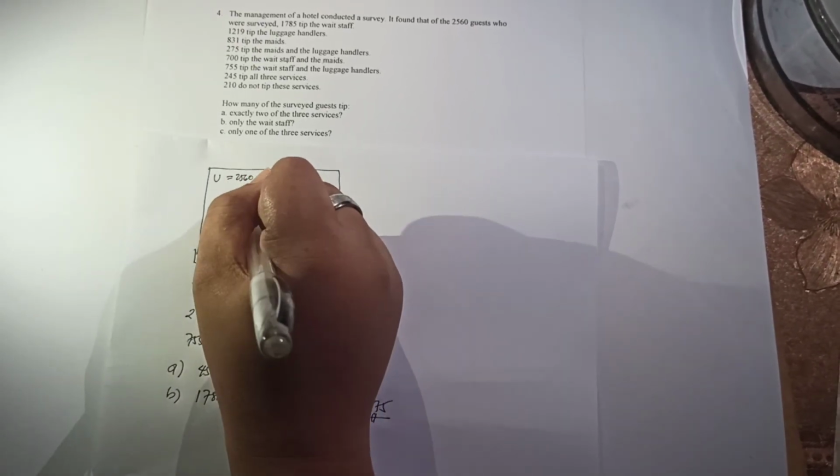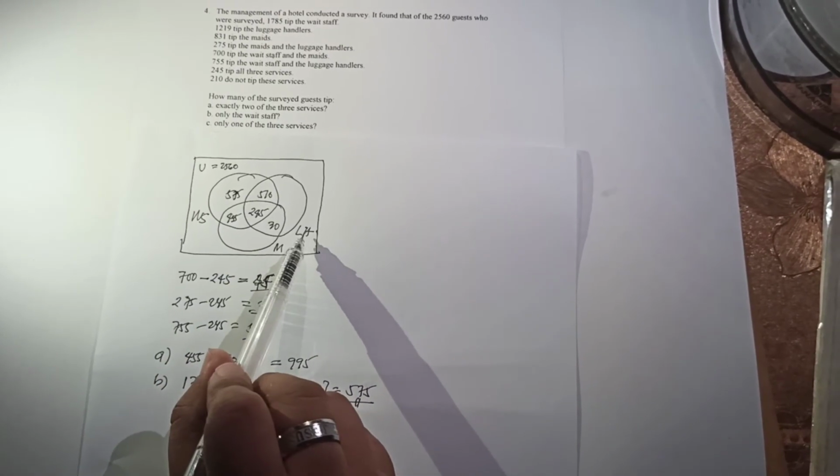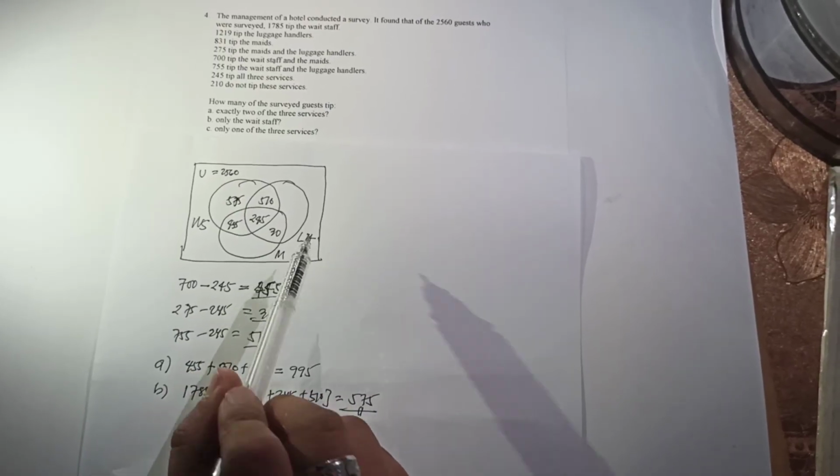Okay, there are 575. Next question is only one of the 3 services. So in order for us to get only one of the 3 services, again, we need to get alone for the maid and the luggage handler.